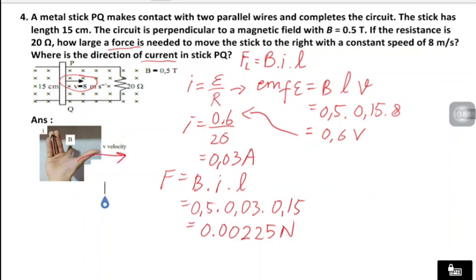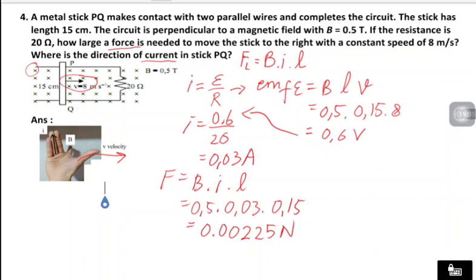Then the magnetic field has the symbol cross, so it means the magnetic field is into the paper, so we put our index finger into the paper, so the other 3 fingers point to the upside.